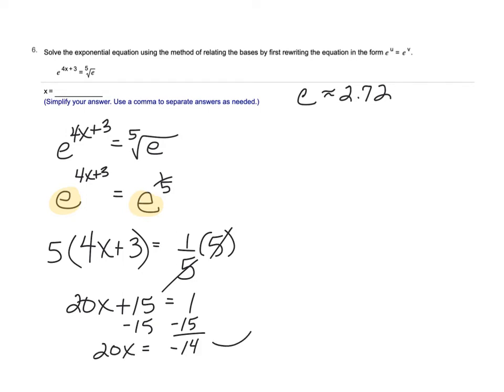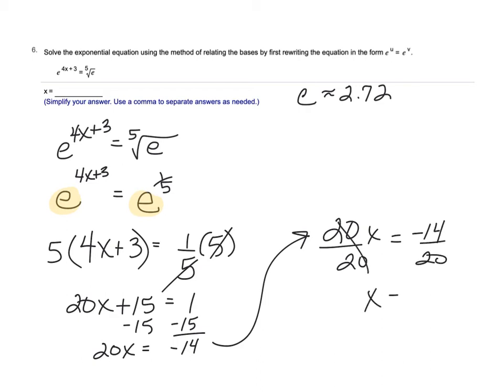I'm running out of room, so let's do it over here. You can divide out by 20, and that does reduce. We can take out a 2, so x equals -7/10. But try not to let e freak you out at all. It's just treated like a regular number.